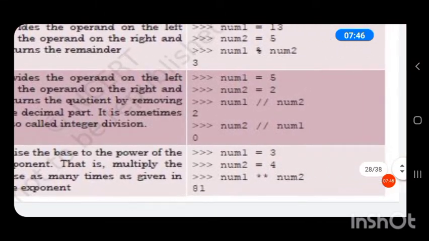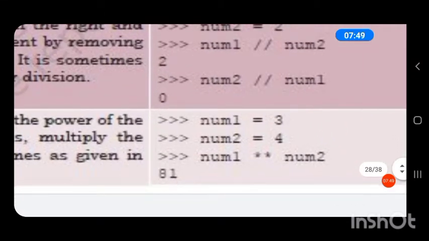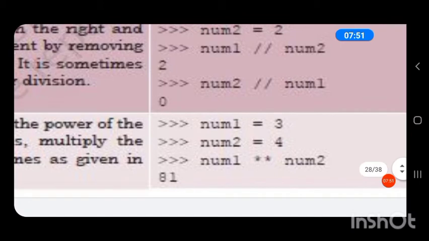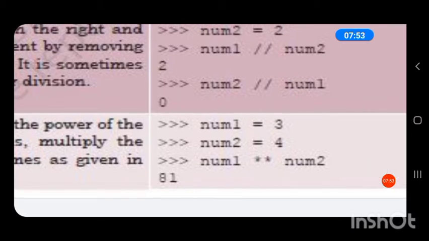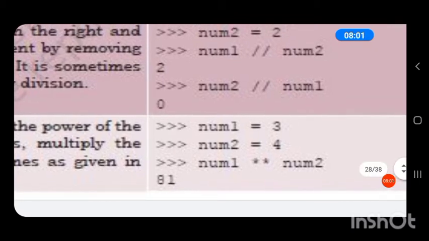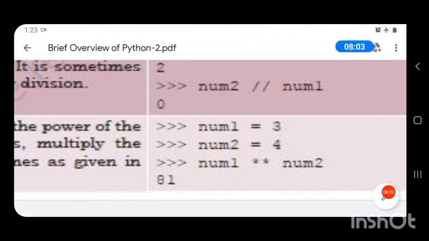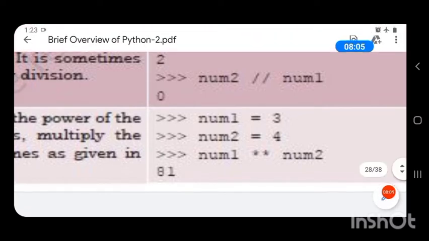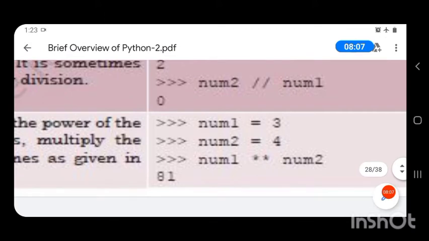So let us see how it works. We have two variables, num1 equal to 3, num2 equal to 4. To find the exponent of a number, num1 ** num2, which indicates that num1 is raised to the power of num2.